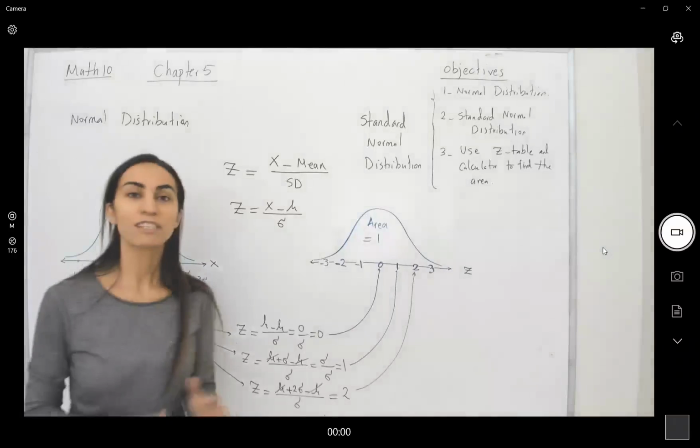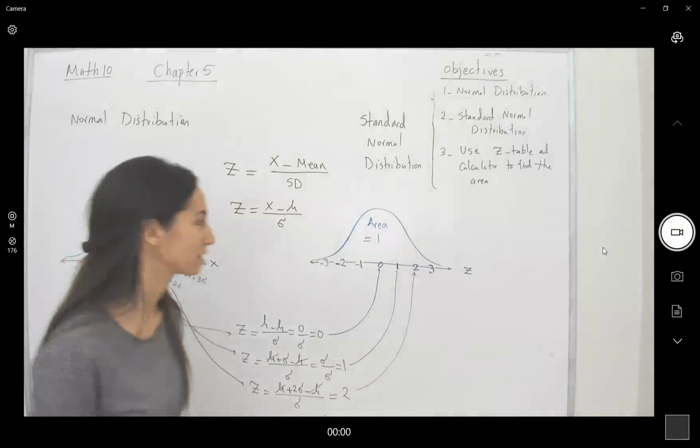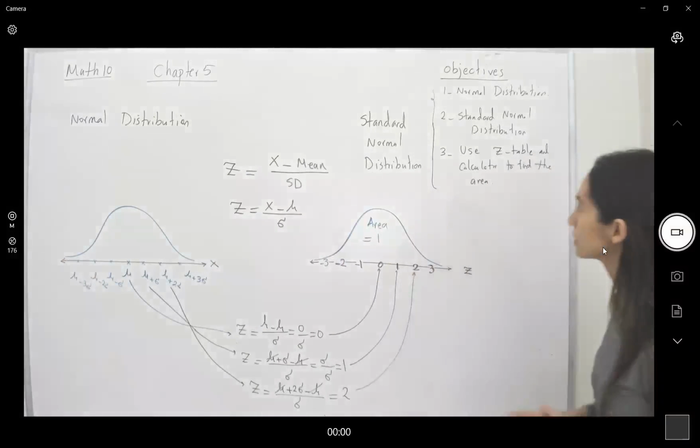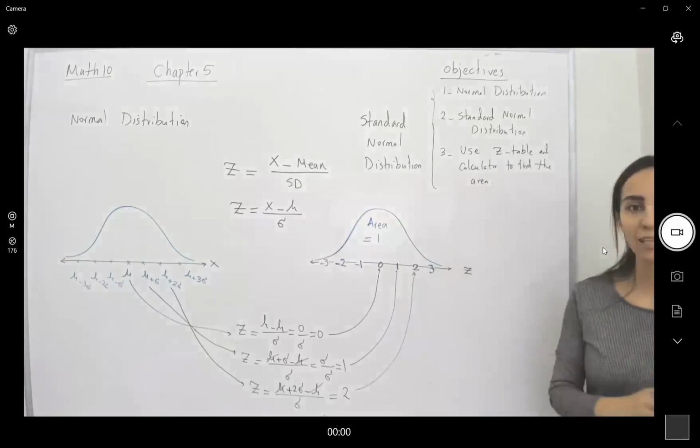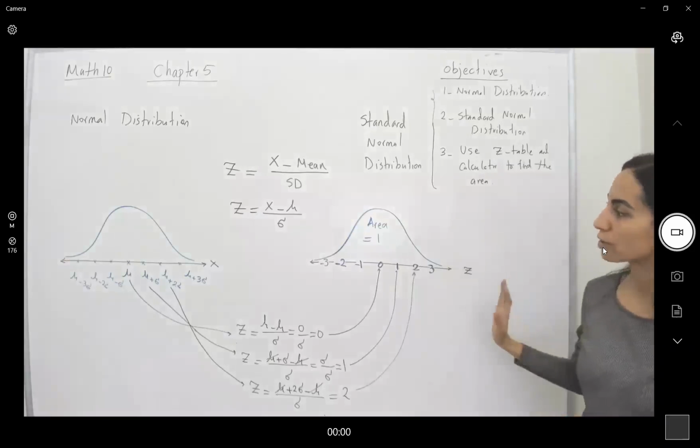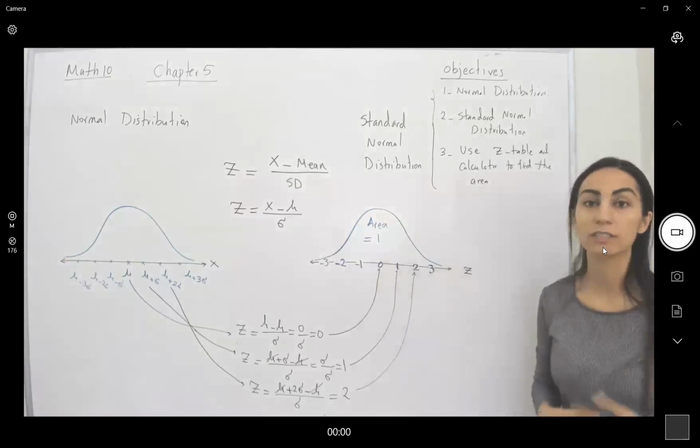So let us go over some examples and actually use our z table, then use our calculator to use our z values and find the area.